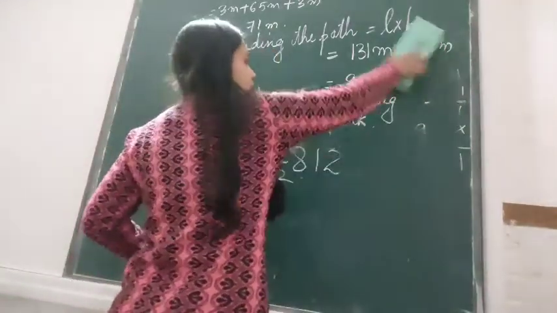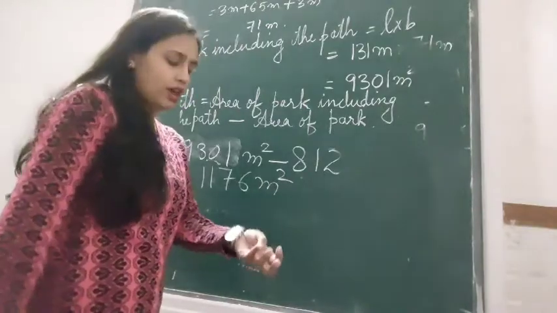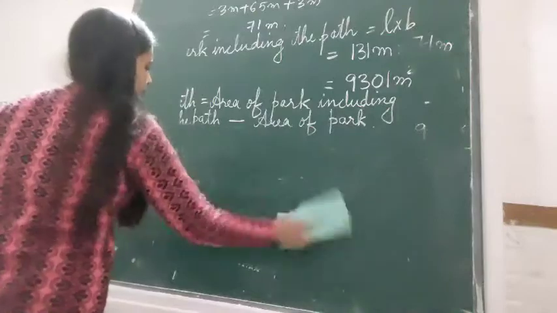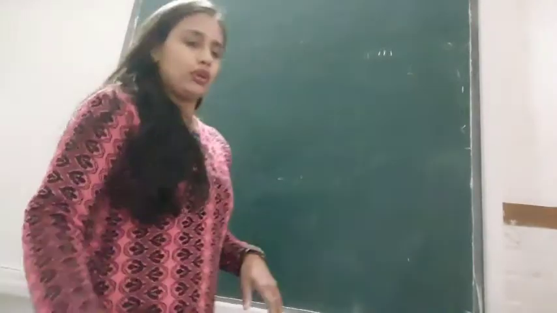You can see we are only finding out the areas and we are either subtracting or adding the two areas to find out the area of a particular region. So if you make the diagram in every question, it will not be so difficult for us to find out the areas of a particular region. So let's start. Now we are starting with question number 3, children.